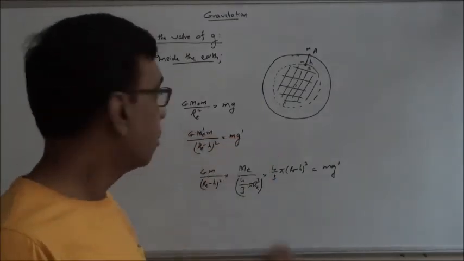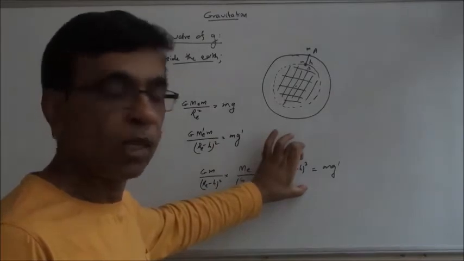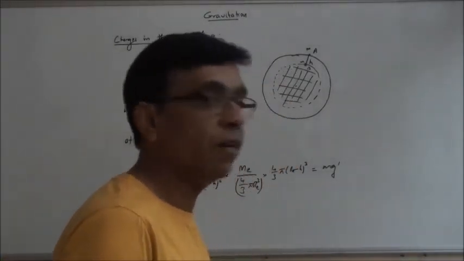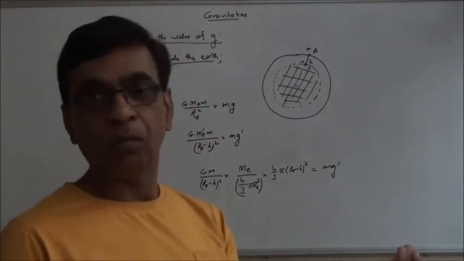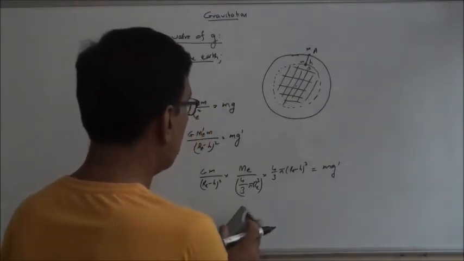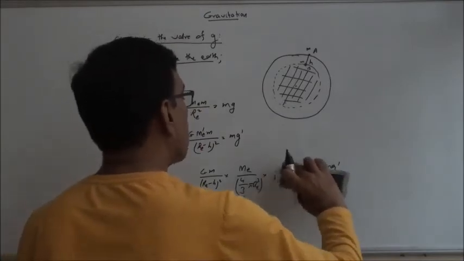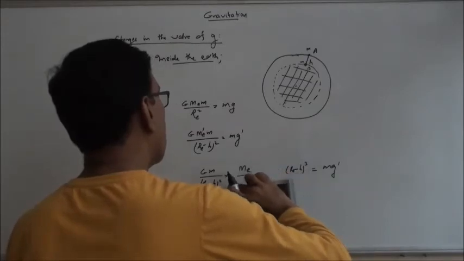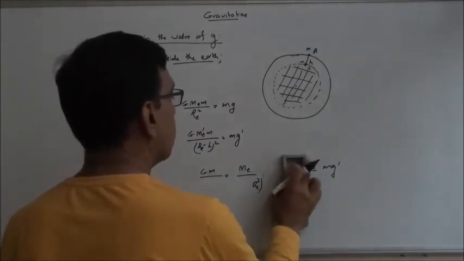Mass is density into volume, and density is again mass upon volume. I have taken uniform distribution, density uniform, that's again an assumption. Okay, so now what it reduces to, 4 by 3 pi is cancelled, and this is square also.